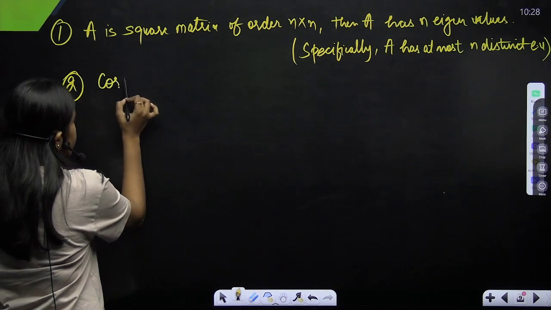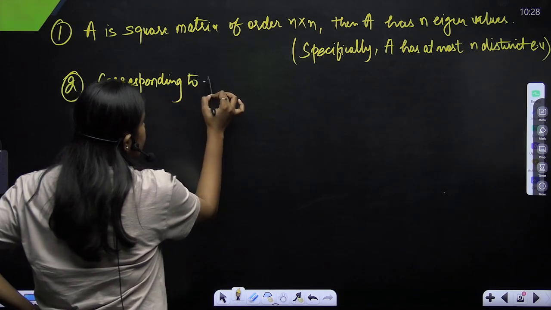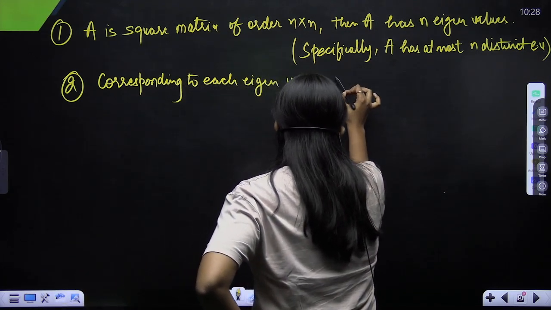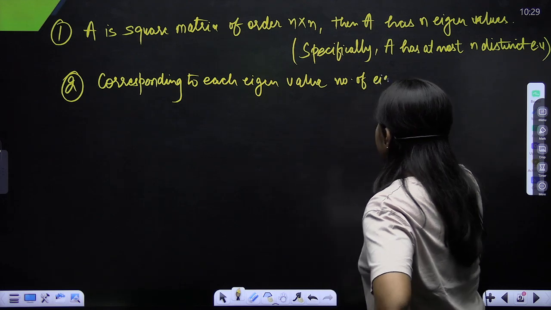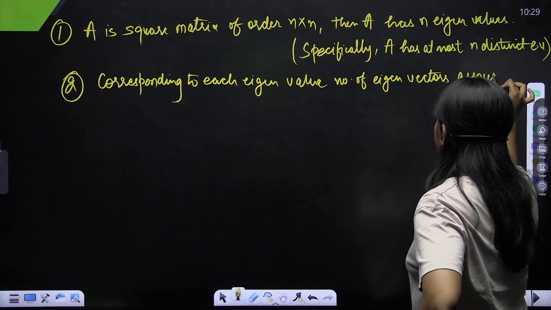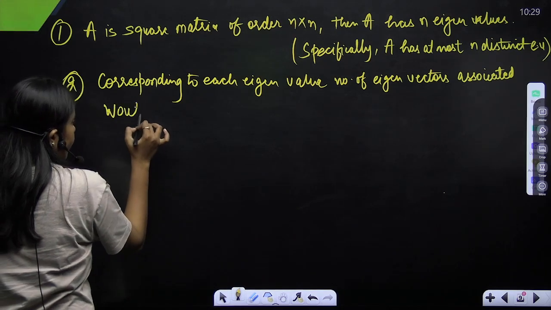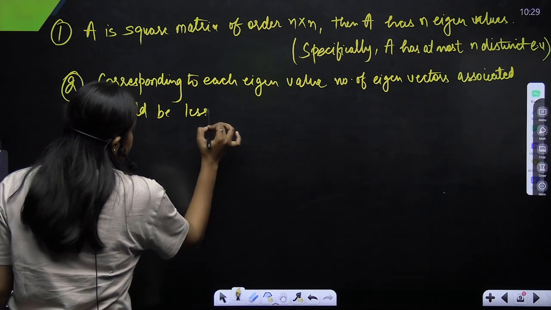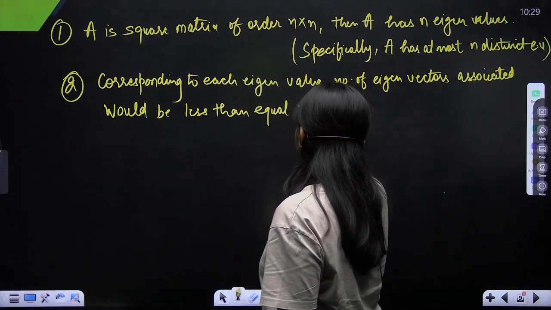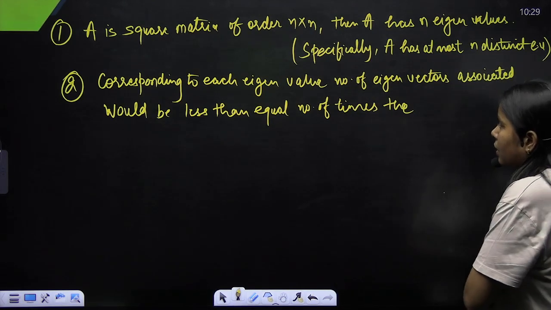Corresponding to each eigenvalue, the number of eigenvectors associated would be less than or equal to the number of times the eigenvalue is repeating, the eigenvalue is occurring.